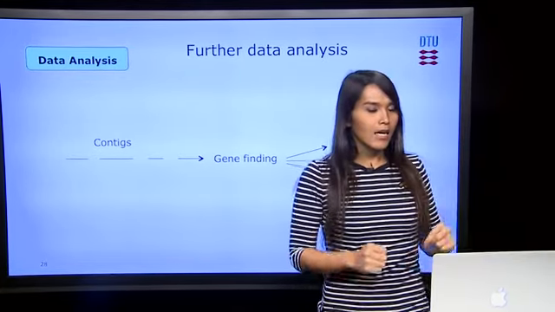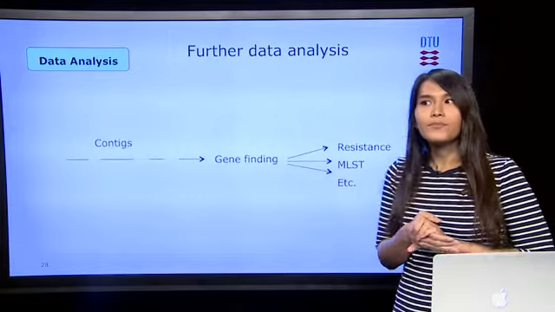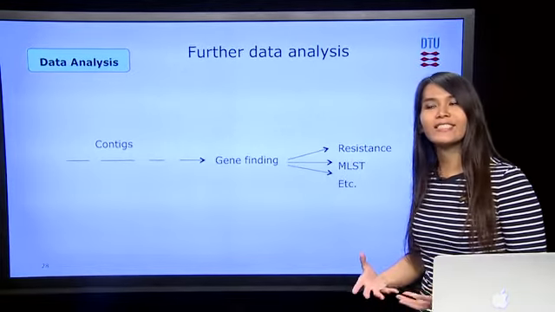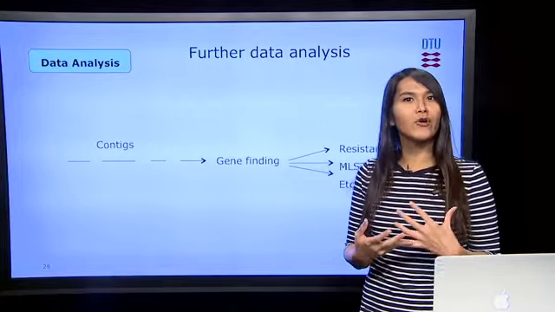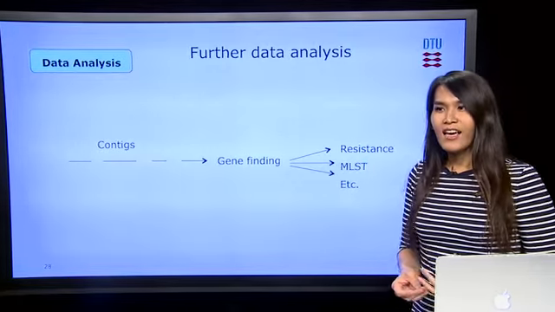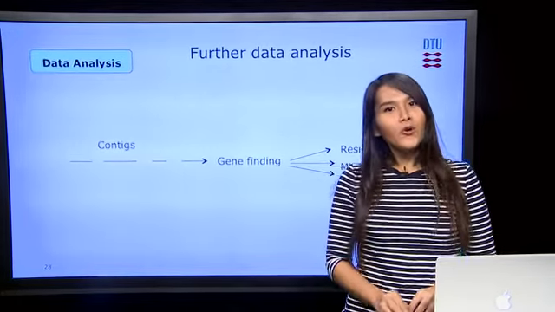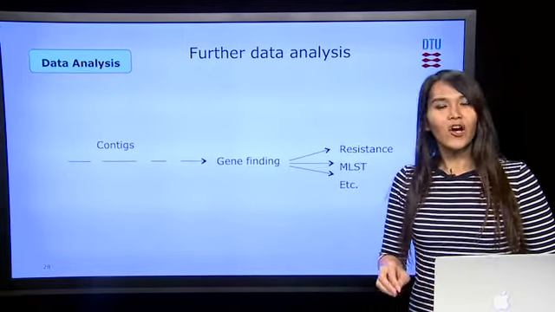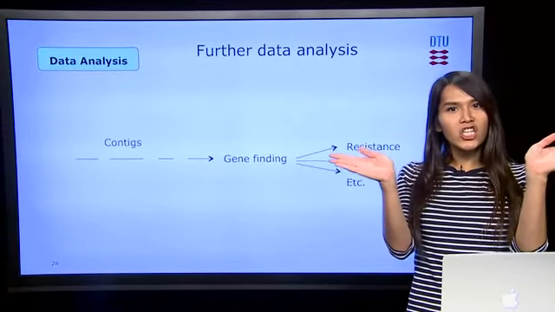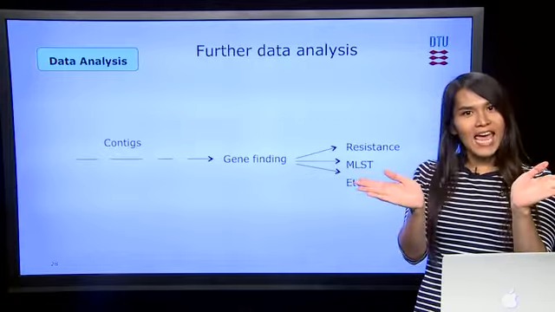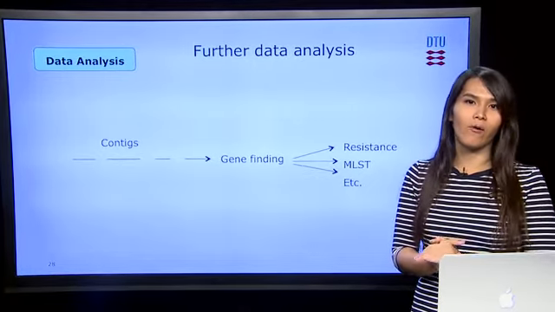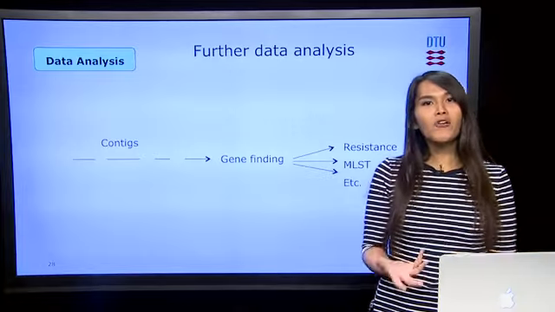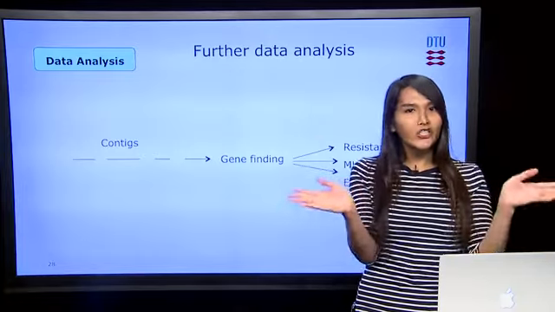And that's going to come to the question, how do I know if I have good contigs or not? I would say good contigs means the contigs are large enough to contain the genes or genetic markers that you're looking for.